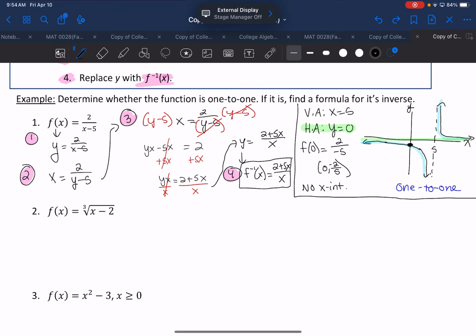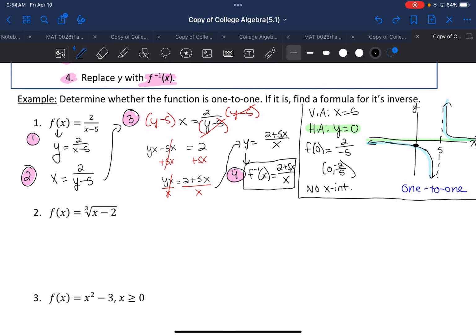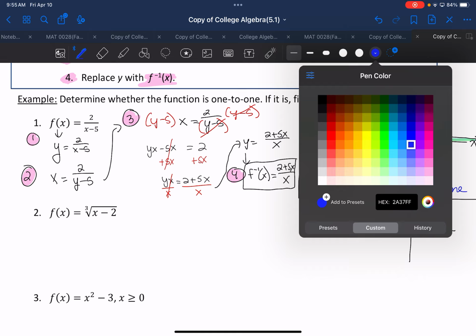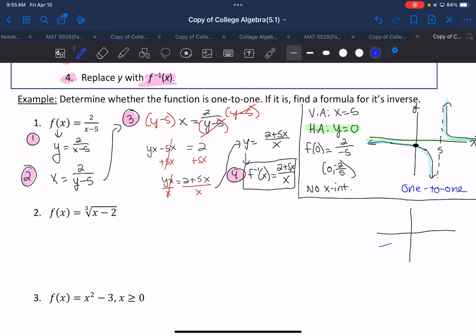Let me go back. I'm just going to sketch that graph right here for us. So it looks something like that. So this is 1-to-1.